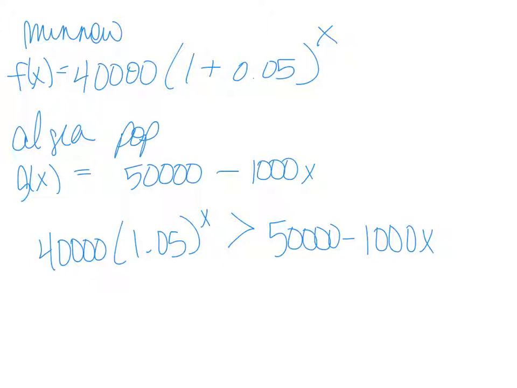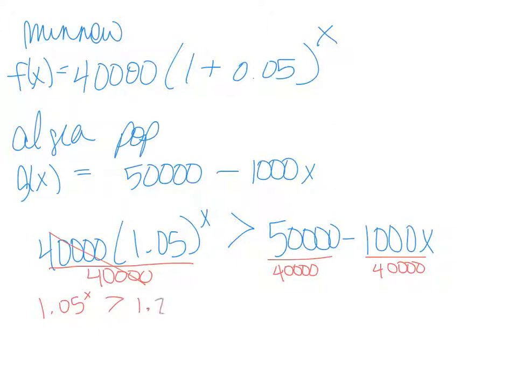I could divide by 40,000, but that just gets messy. We'll go ahead and try it. If I divide one thing by something, I divide everything by something. So that cancels out. I have 1.05 to the x greater than 1.25 minus 0.25x.